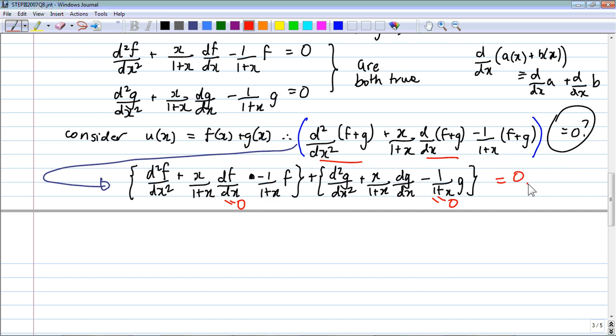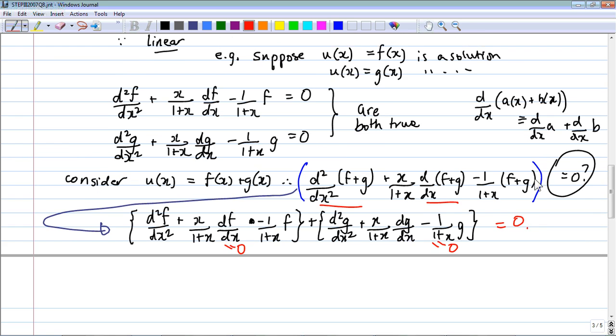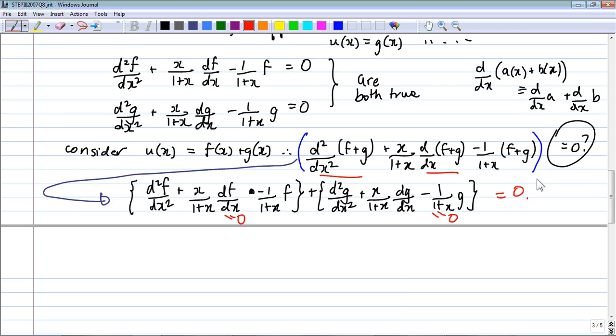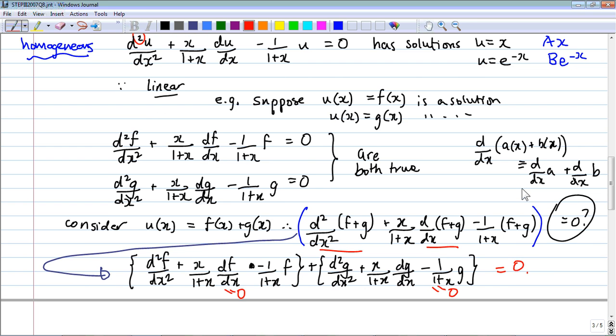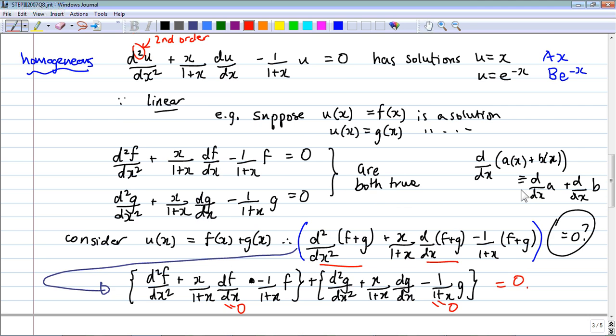Now, first let me apologize for the handwriting. Of course it's a mess because I'm just rushing. But also, the purpose of showing that was just to emphasize the idea of the linearity of a differential equation. So this differential equation is linear and homogeneous. That means that if I have two solutions, here the theoretical solutions were f and g, but the actual solutions we have are x and e to the minus x.